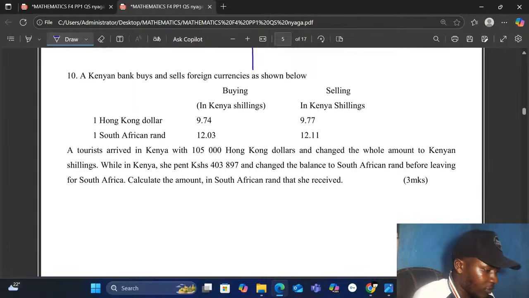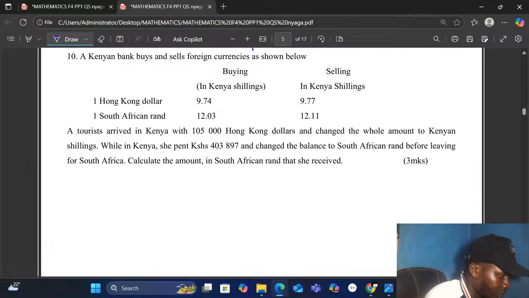Now, first of all, this tourist arrived in Kenya with 105,000 Hong Kong dollars. Now we have to change these dollars to Kenyan shillings. Now we know that one Hong Kong dollar will give us now 9.74.